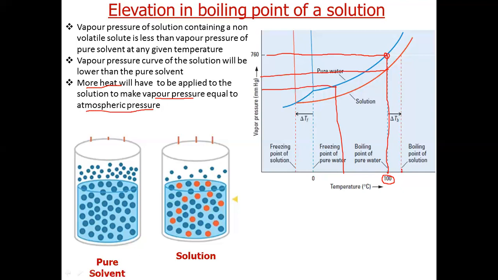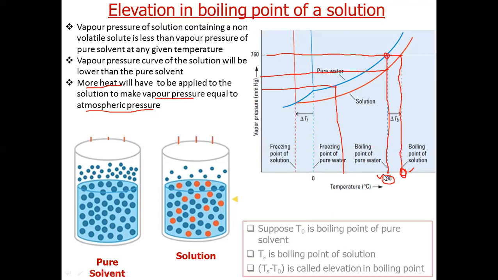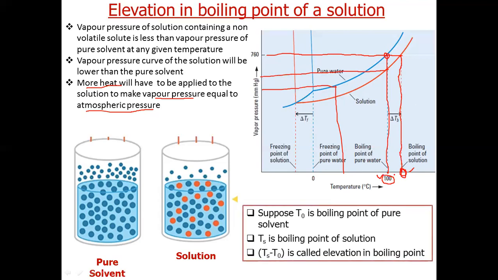Now at this point let us see what is the vapor pressure of the solvent in solution. It is touching this curve here. This corresponds to atmospheric pressure. So this is the boiling point of solvent in solution, which is prepared by the addition of non-volatile solute to it. So you can check this value is higher than the boiling point of pure solvent.